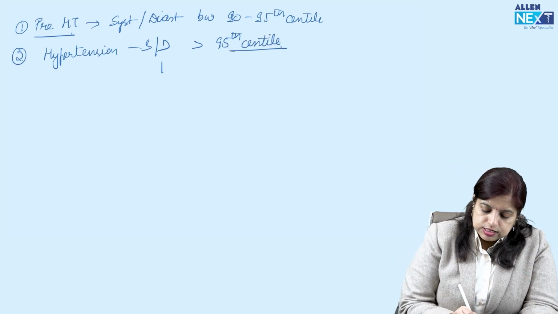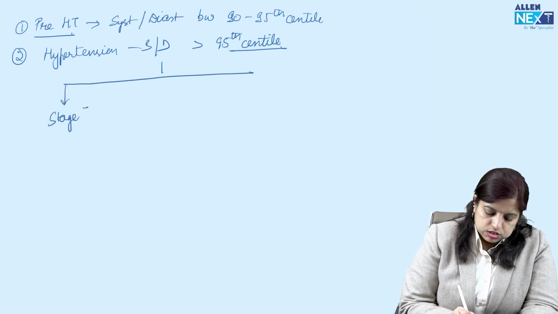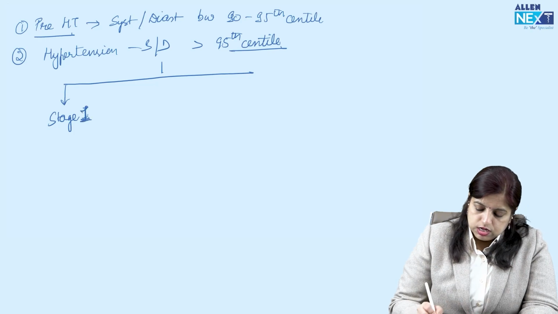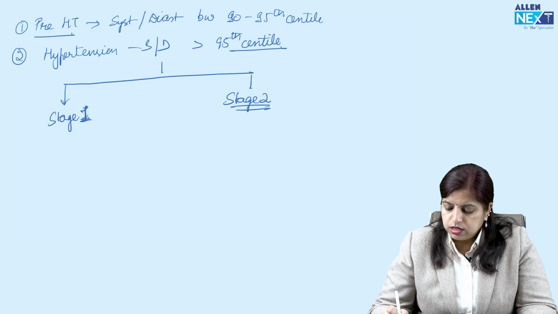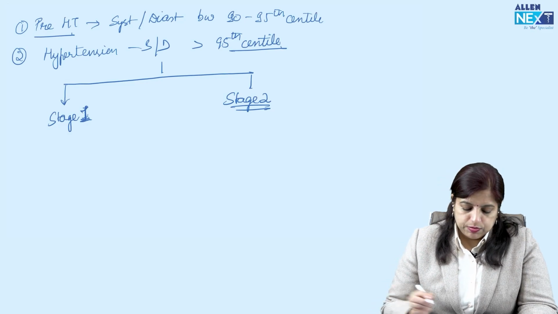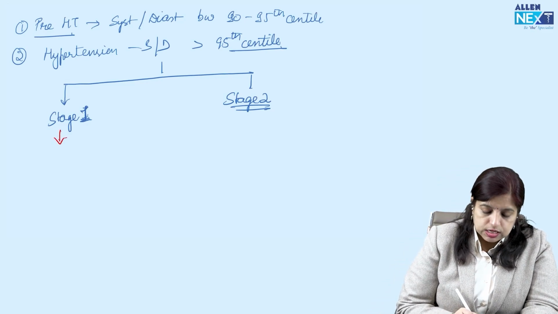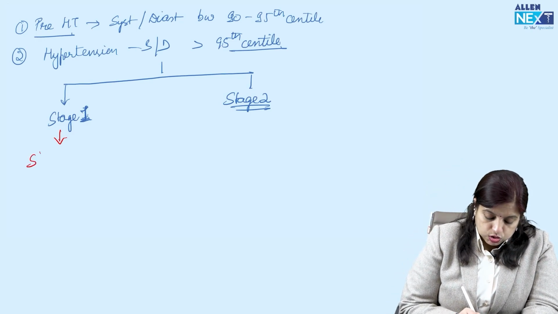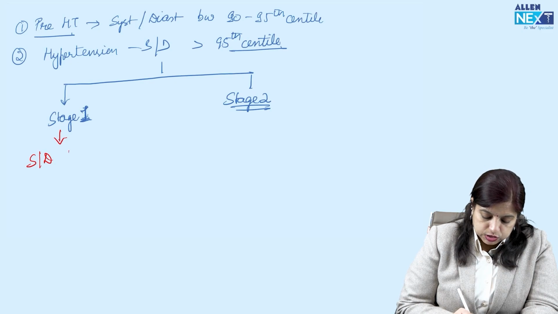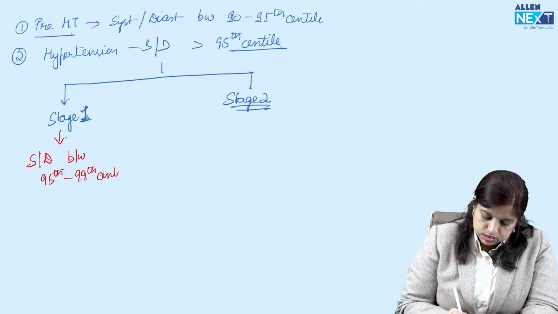Then this hypertension is of two types: stage 1 hypertension and stage 2 hypertension. Let me write what stage 1 hypertension is. Stage 1 hypertension is when systolic or diastolic blood pressure is between the 95th to 99th centile plus 5 mmHg.